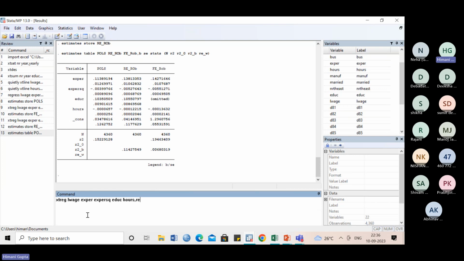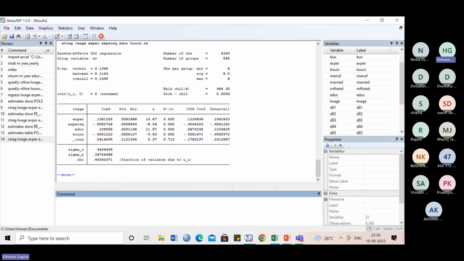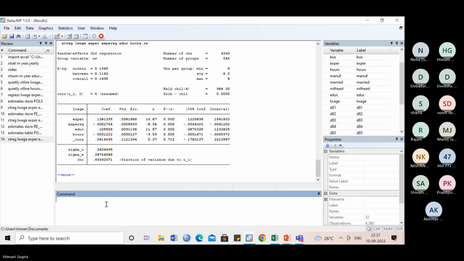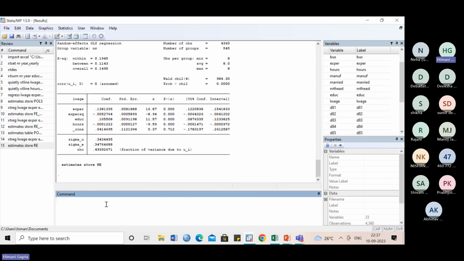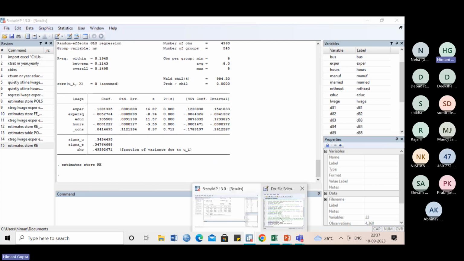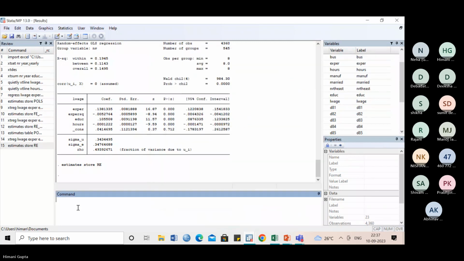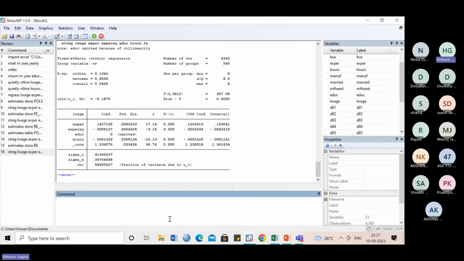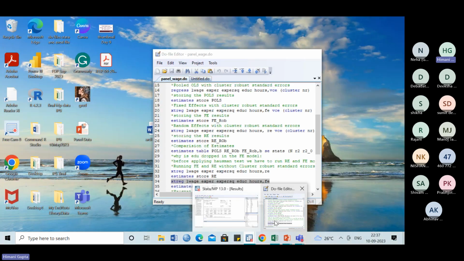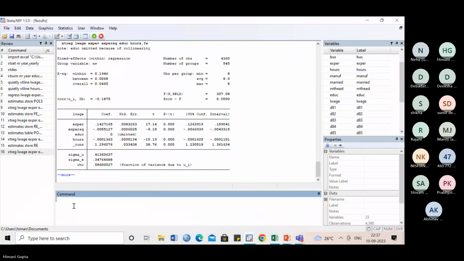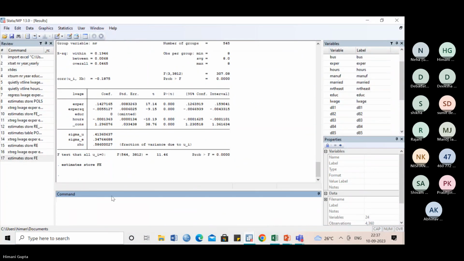First of all, I'm saying RE, and then I'll make it for FE. The commands are the same, and again I'm storing the estimates in RE. I stored it in RE, now I'll do it for FE, fixed effect, and store the commands of fixed effect in FE.